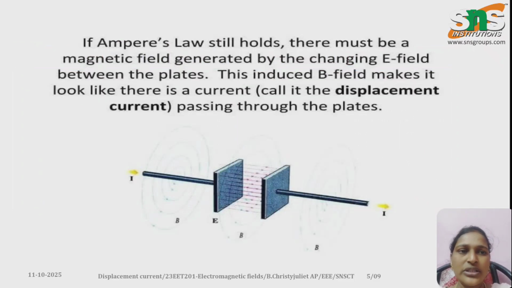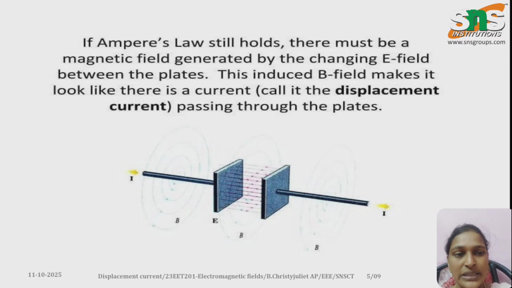If Ampere's law still holds good, then there must be a magnetic field generated by the changing electric field between the plates, right? So that induced magnetic field makes it look like there is a current. If you observe this parallel plate, in between there is a gap, like in a capacitor. We know the current flows through the conductors. So the current enters the capacitor and creates a magnetic field at the plate.